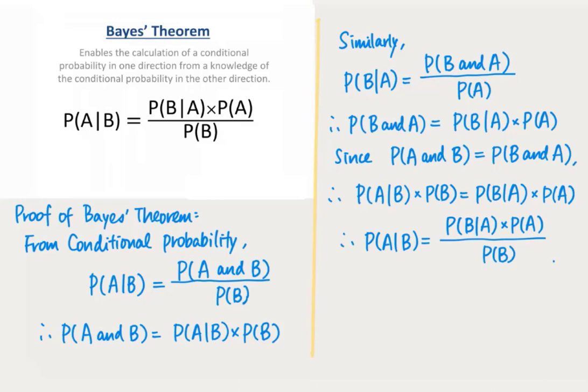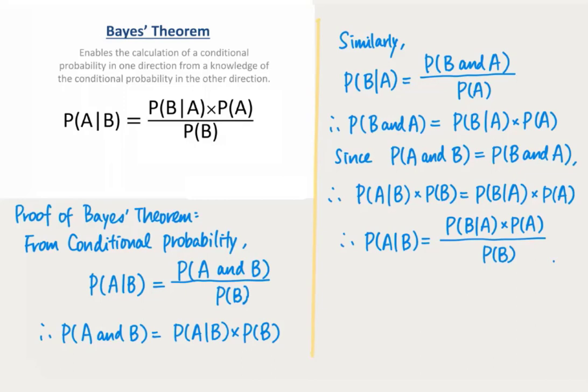But it is rather difficult or unusual to know the information that B happened and we wish to know how likely that A occurs. Then the good thing about the Bayes theorem is that it helps relating these two conditional probabilities by alternating the roles of A and B.